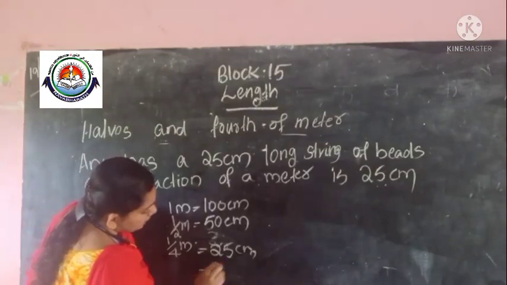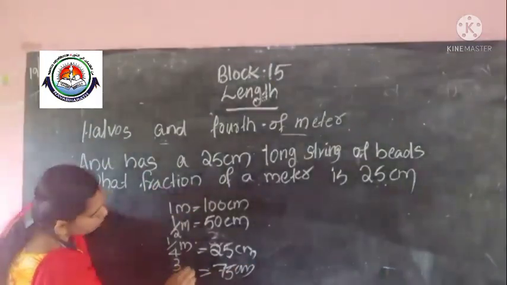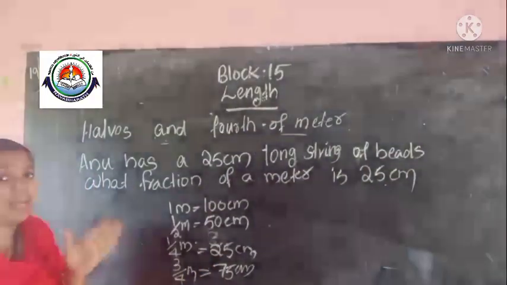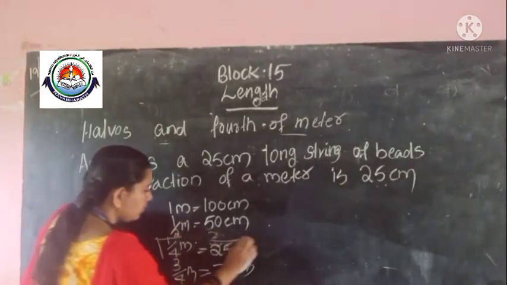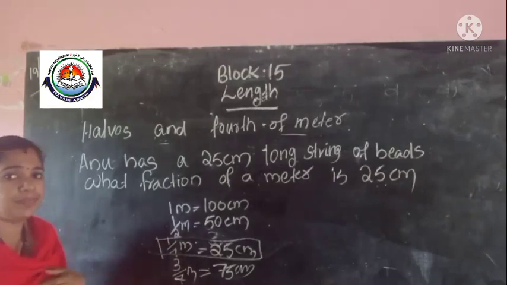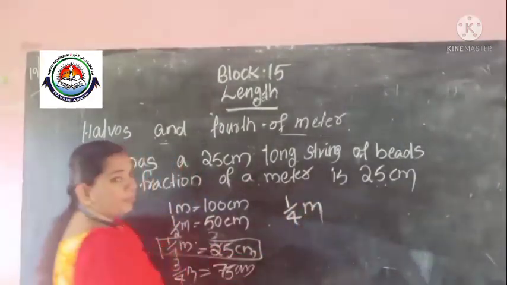Then 75 centimeter means 3/4 meter. So what fraction of a meter is 25 centimeter? 1/4 meter. That's enough. Clear?